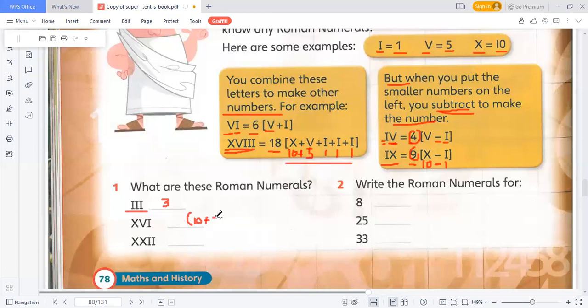That's right. Okay, 10 plus 5 is 15. Then there's I. So we have to put 1. I is 1. So how much is that? 16. Correct. So this Roman numeral is 16.